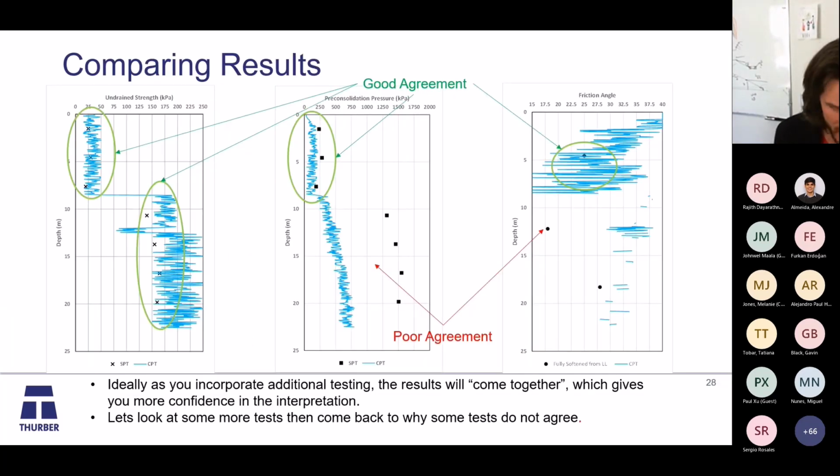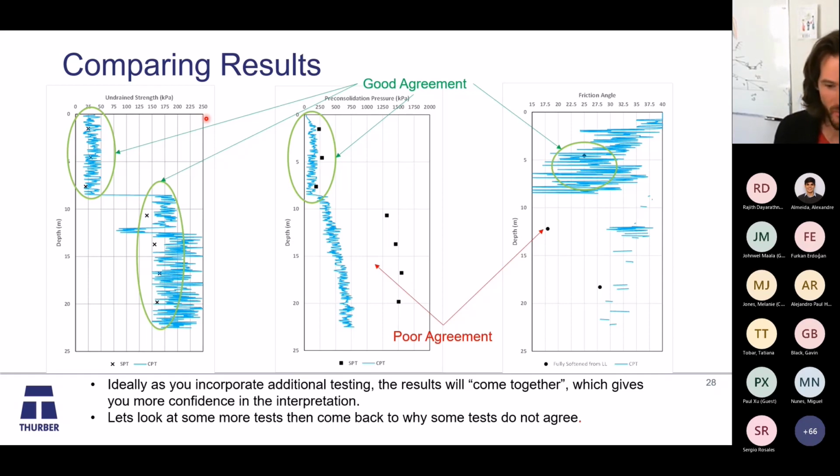So if we go back to this site, I've added these interpretations. These are the same interpretations we made before using our correlations. And now I've added the cone data shown in blue. Ideally, as we add more testing, we're looking for our results to come together.